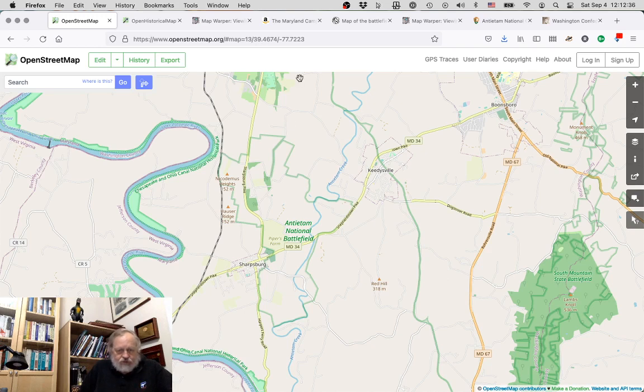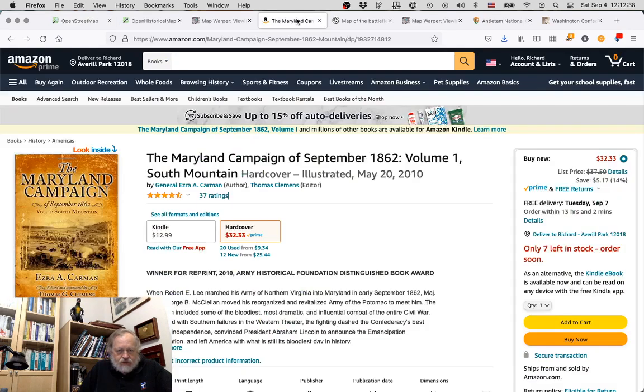So it's important to mention Ezra Carman, an overlooked figure at times. Carman had been a Union officer during the war, and he had fought both at Antietam and at Gettysburg. And post-war, Carman had become involved in historical preservation efforts, at first at Gettysburg, but subsequently he moved down and became the most prominent figure associated with preserving the Antietam Battlefield.